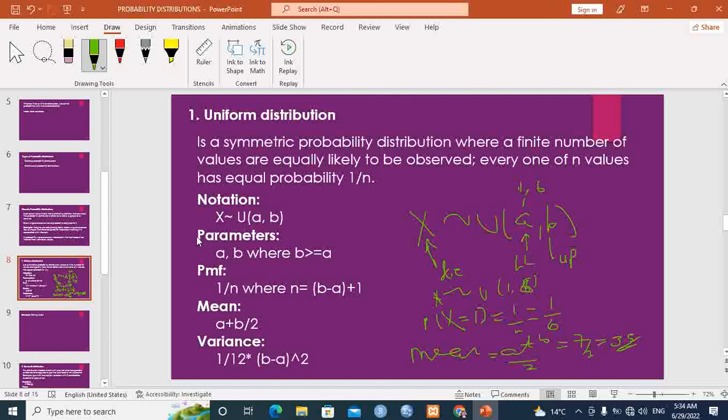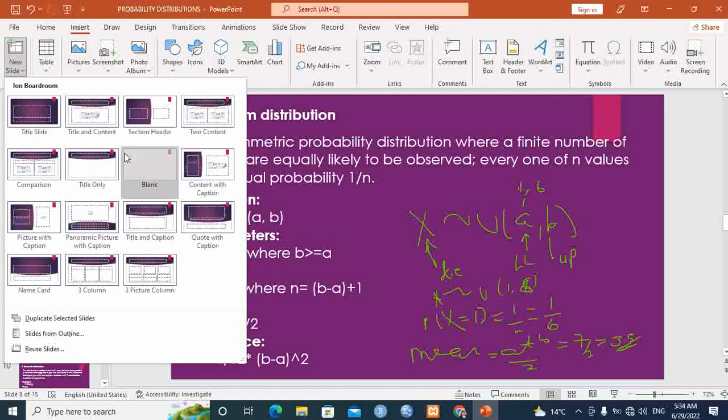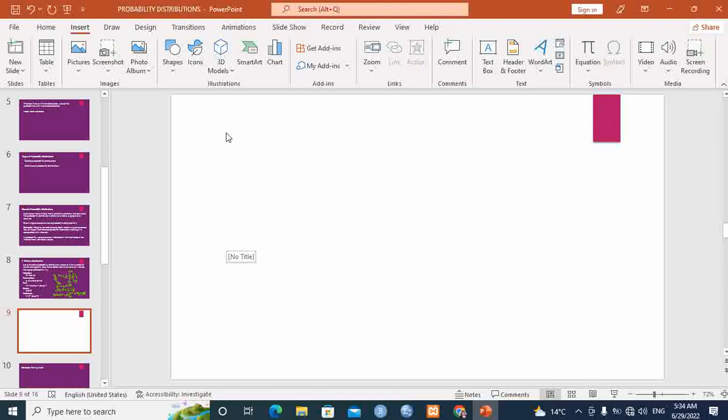In fact, the expected value is not something that would really interest us, because the expected value of X, which is a plus b over 2, in our case is 1 plus 6 over 2, which is equal to 3.5, just the middle point of the distribution.